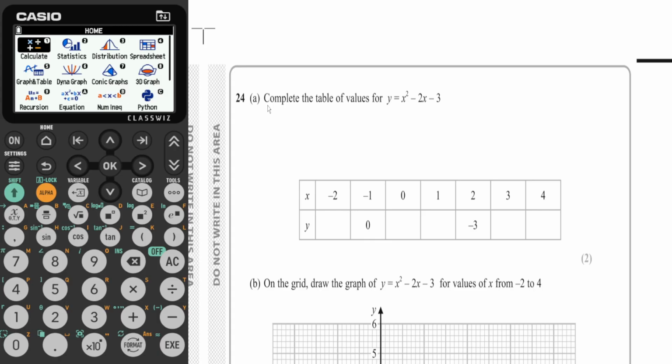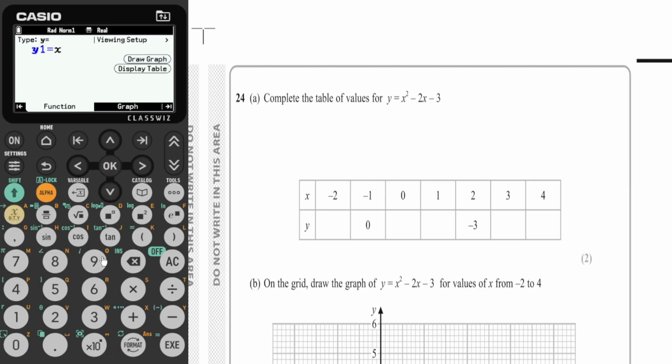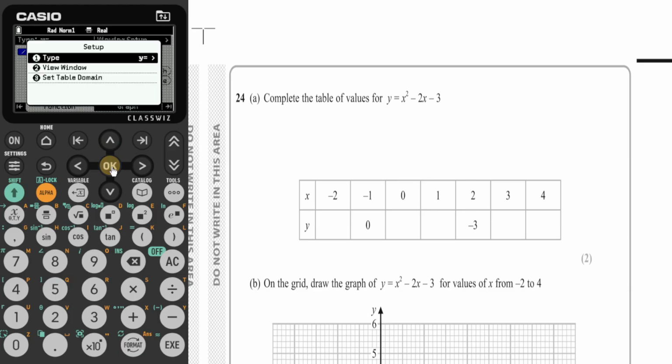Question number 24. Part A, we have to complete the table of values for y equals x squared subtract 2x subtract 3. If we go to the table and graph application, and then we have here x squared subtract 2x subtract 3, and if we go to viewing setup, set table domain, we are starting at -2, we are finishing at 4, and we're going up in ones.